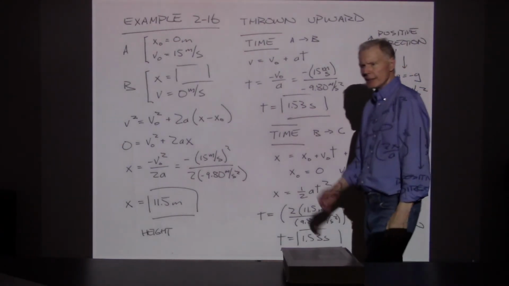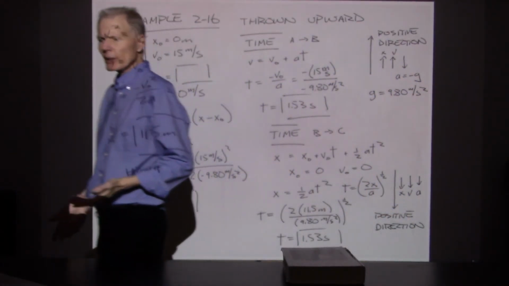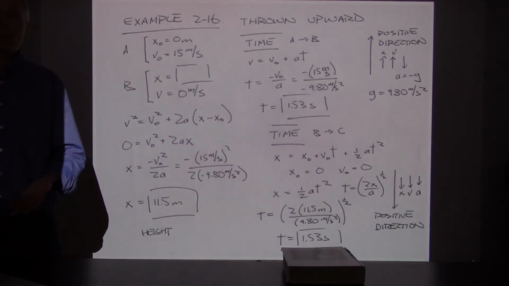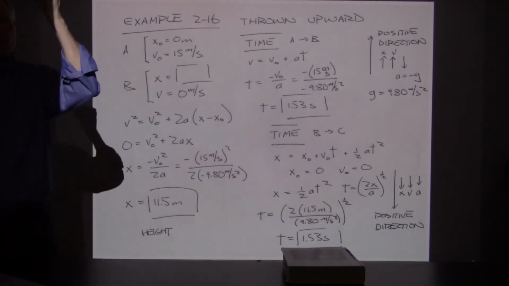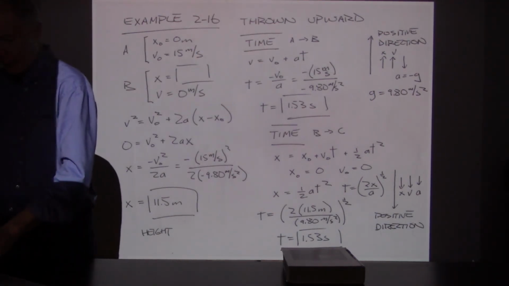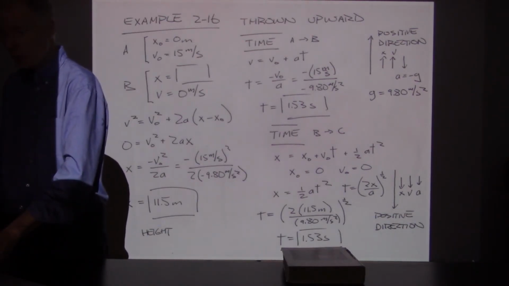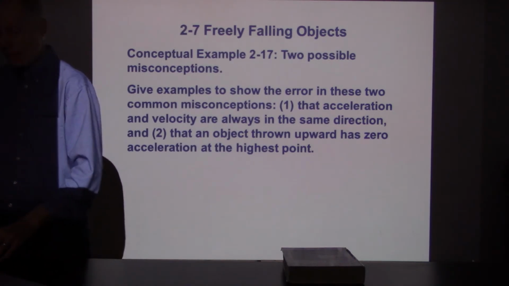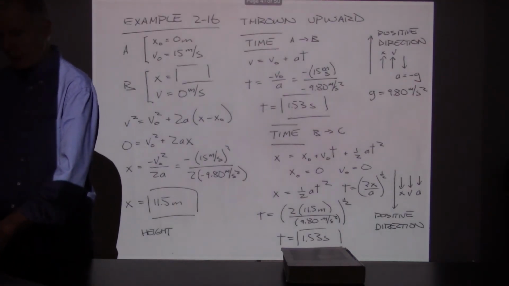So it turns out algebraically we can show that if gravity is the only force acting on these objects, the time it takes to go up will match the time it takes to come back down. So now we can use that in a problem when we break the problem up into different pieces.